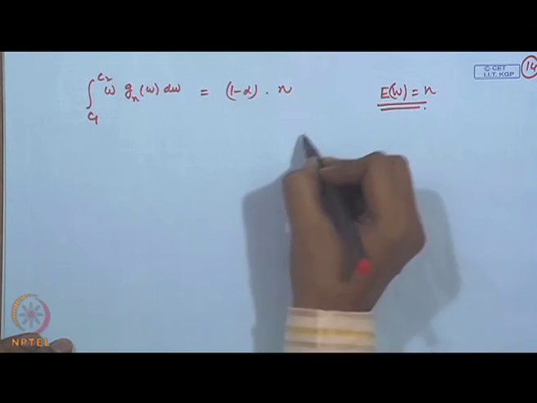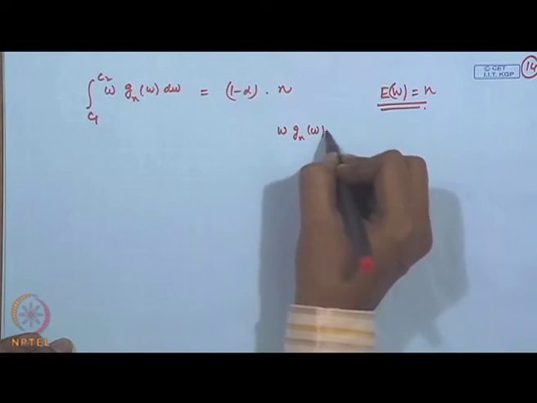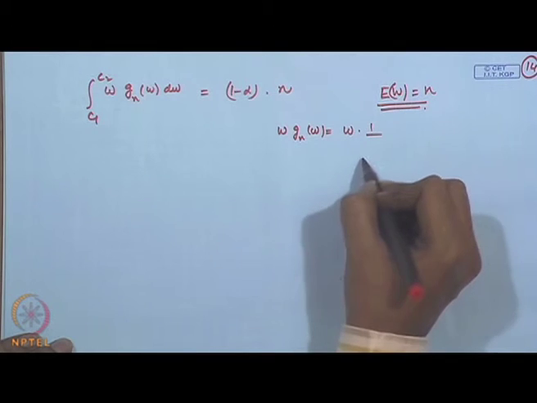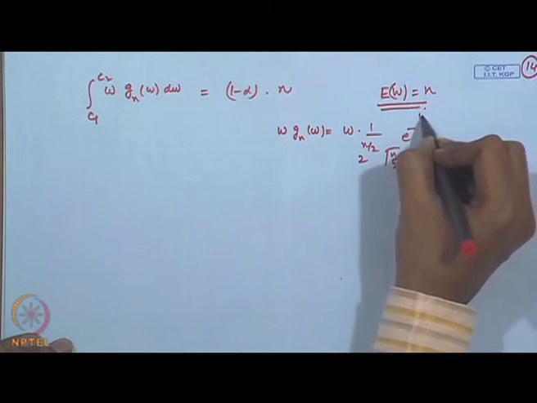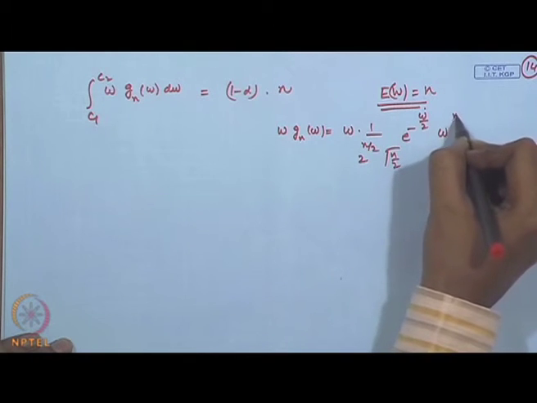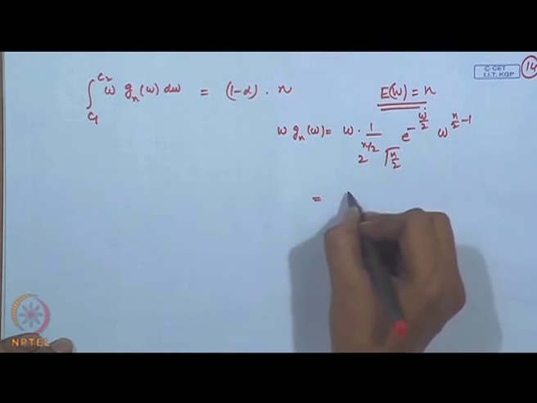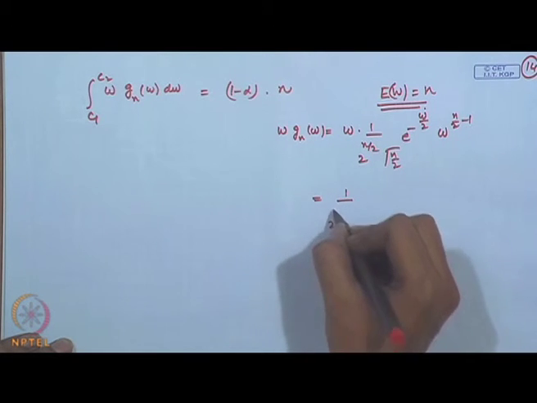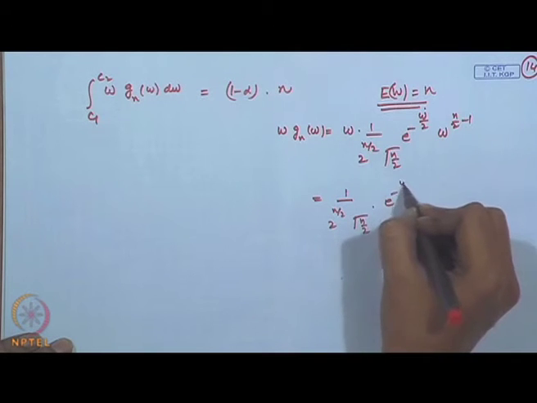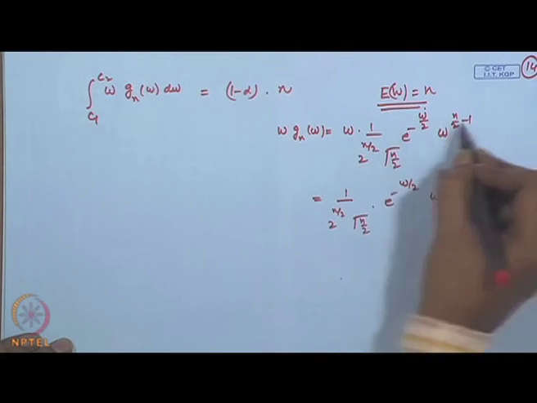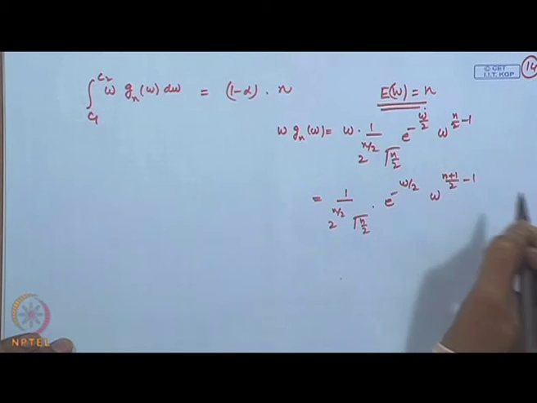So, if we consider the density of chi square on n degrees of freedom, that is 1 by 2 to the power n by 2 gamma n by 2 e to the power minus w by 2 w to the power n by 2 minus 1, then this is equal to 1 by 2 to the power n by 2 gamma n by 2 e to the power minus w by 2 w to the power, now one power is getting added. So, this will become n plus 1 by 2 minus 1.